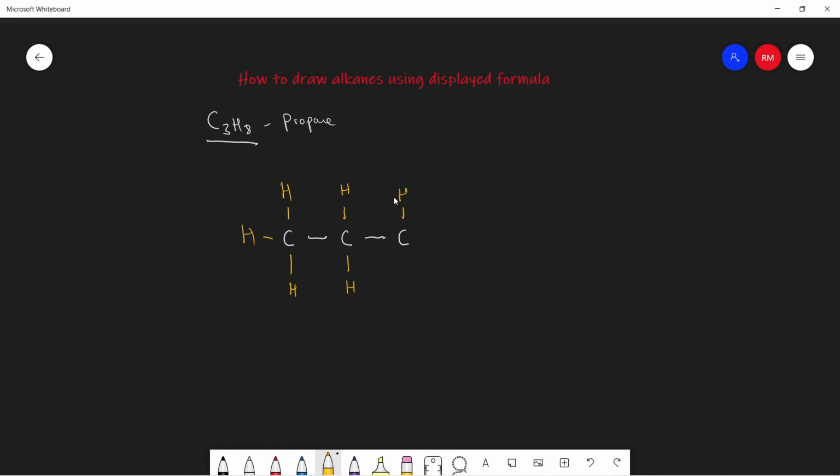So we can see here that the 6 remaining hydrogens bond to the last 2 carbon atoms here. And now we have our displayed formula for propane.